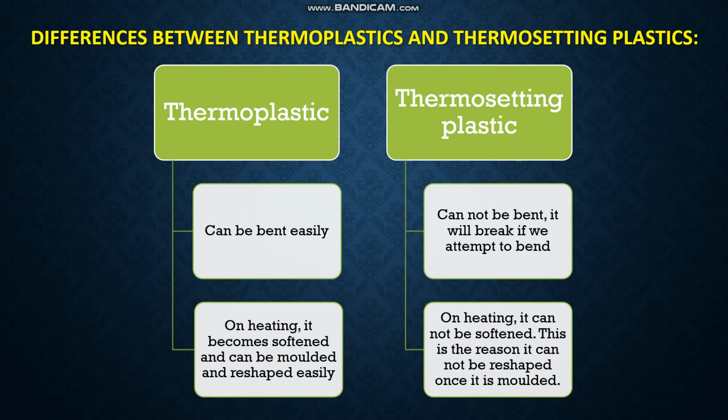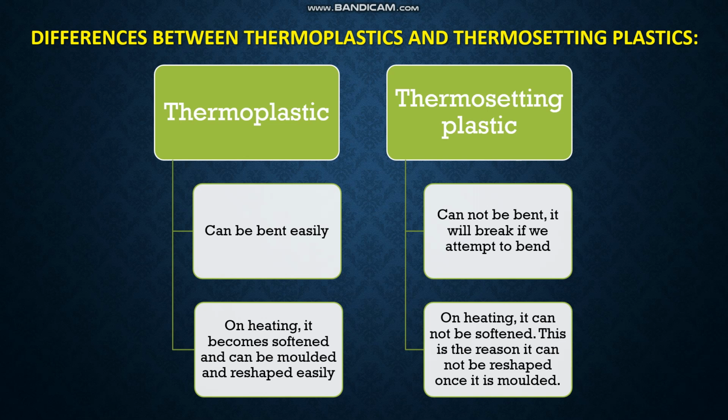On heating, thermosetting plastic does not get softened. That's the reason it cannot be reshaped. That means shape cannot be changed once it is molded. So let us see once again the differences between thermoplastics and thermosetting plastics. Thermoplastics can be bent easily. Thermosetting plastics cannot be bent.